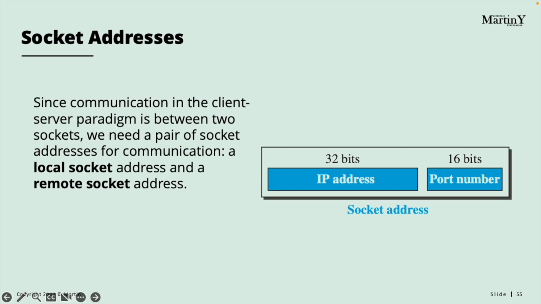Now, in order for this communication to happen, if we want to get a service from a server, we cannot just use any socket around the world. We need to find a specific socket where we want to connect. For that reason, a socket address has two components: a 32-bit IP address, and a port number.